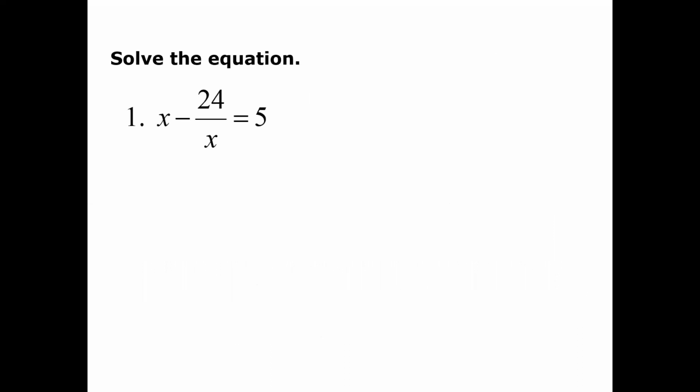So first example, how do we solve the equation x minus 24 over x equals 5? What is the LCD? Please take note that x should not be equal to 0 because if x is equal to 0, the equation will be undefined.